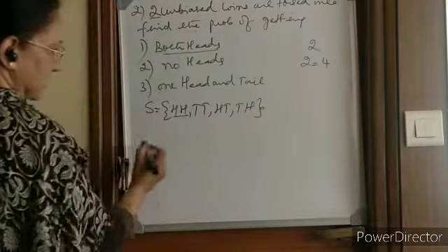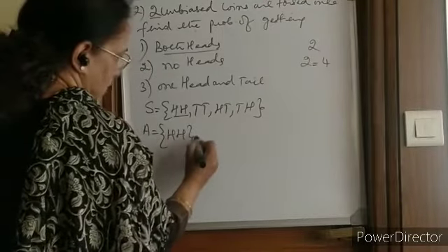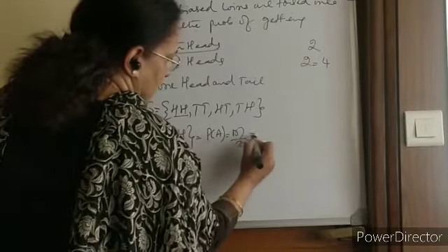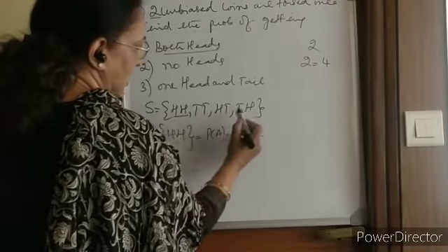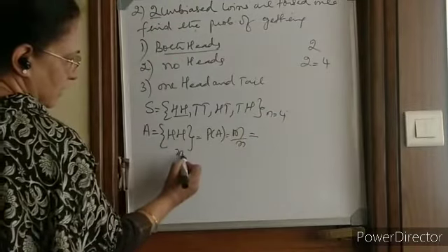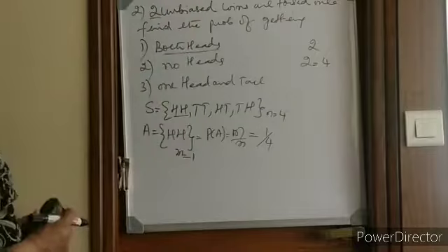So both heads means this is the event. So you say A equals HH. So probability of A equals M by N. Now you see here how many are there? 1, 2, 3, 4. So N is equal to 4. So here only one possibility. So M is equal to 1. So therefore this will become 1 divided by 4. Okay.